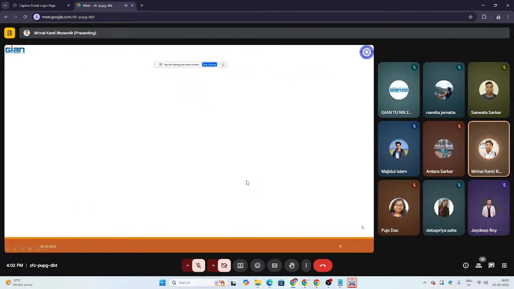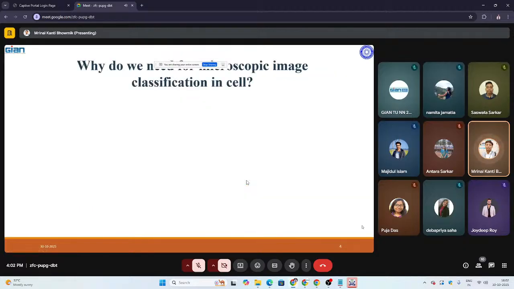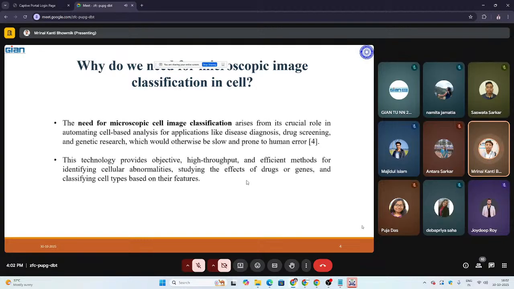Proceeding towards the next slide. Why do we need microscopic cell image classification? Basically, I'll be doing microscopic cell image classification using a deep learning neural network. So why should we do that? The need for microscopic cell image classification arises from its crucial role in automating cell-based analysis for applications like disease diagnosis, drug screening, and genetic research.